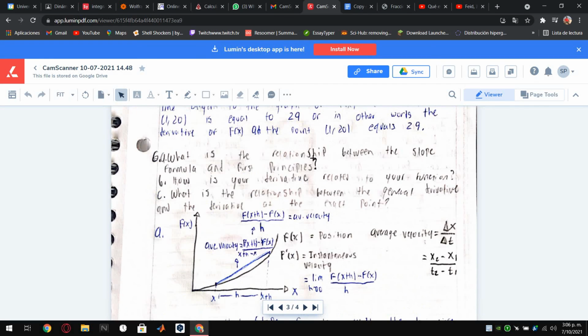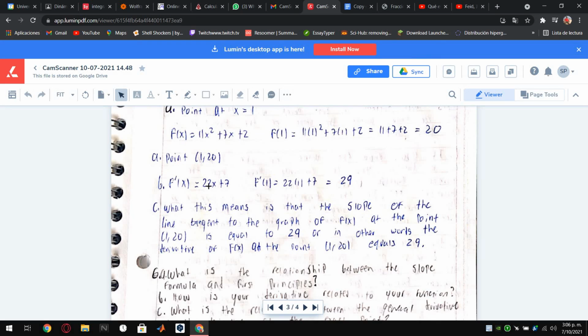If you have a function and you want the derivative at an exact point, you just replace x with the value at that point, like we did here. You plug the x value into the function, and then you have the value of the derivative.